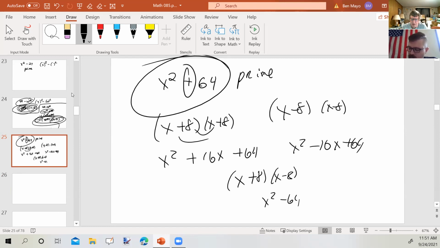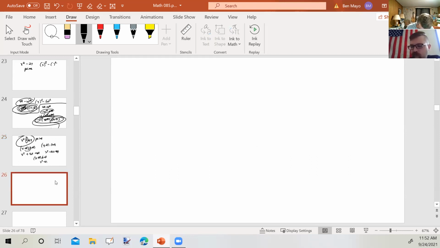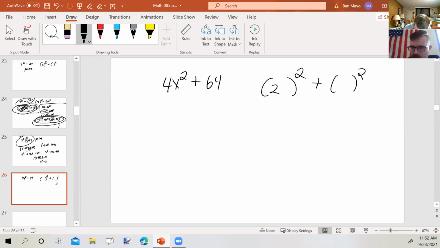Okay. Now, I almost want to make this statement. I almost want to say, well, the sum of two squares doesn't factor. But let's be careful. Consider this. Is that the sum of two squares? Yes, it is. Does it factor? Yes, it does.